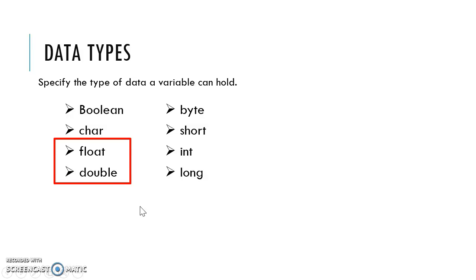Generally speaking, in this class, when we declare variables that are going to store a decimal value, we'll use the double data type. 4 of the data types are used to store integer values. These 4 highlighted here store integer values. Generally speaking, when we create programs in this course, we use the int data type. Remember, integers are whole numbers and 0.